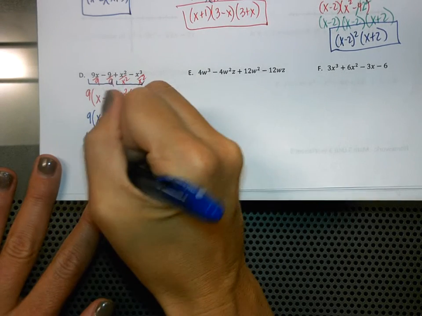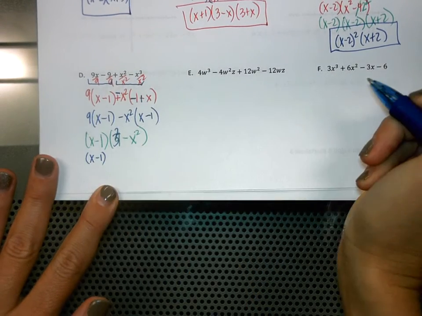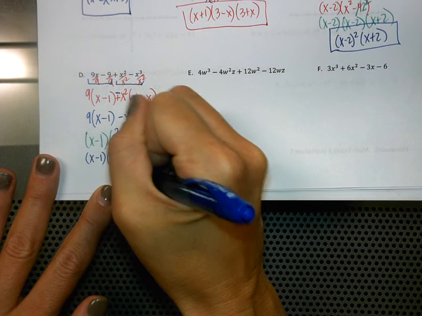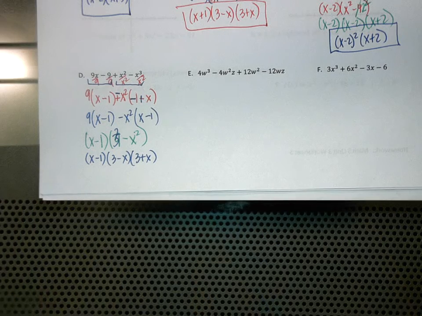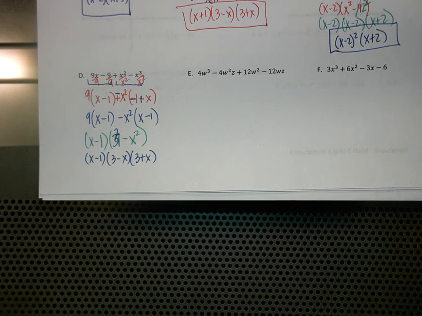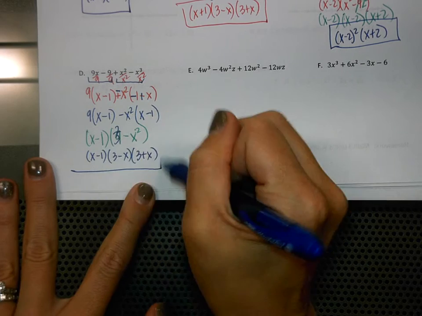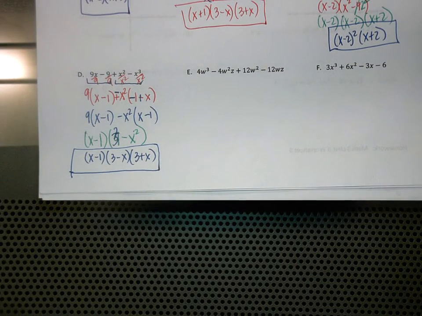And so we end up with x minus 1. And then we factor this, we get 3 minus x and 3 plus x. And again, remember to always keep whatever's in front in the front and whatever's in back in the back. Okay? And this would be the answer.